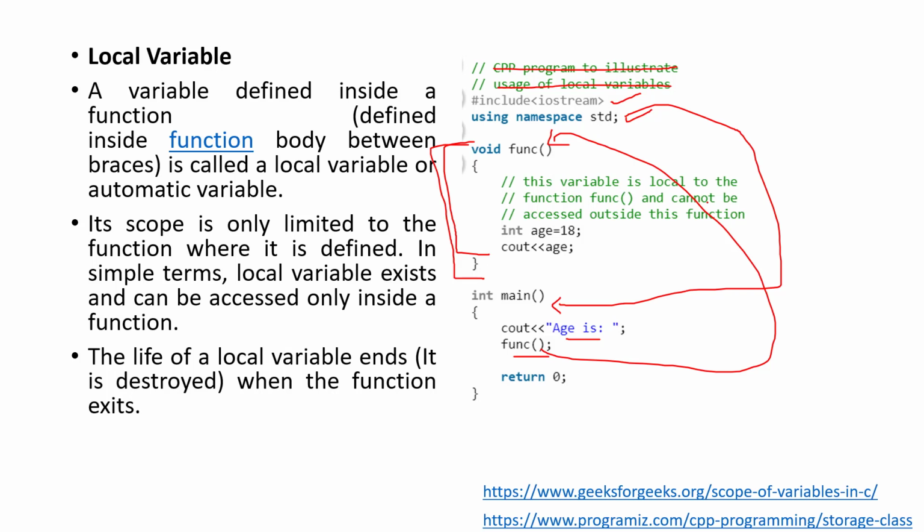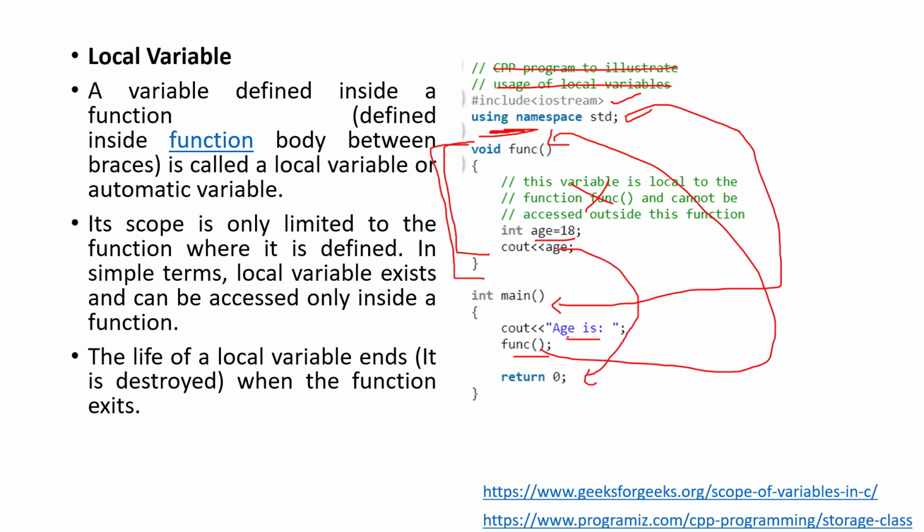This variable is local to the function. int age equal to 15. One thing to note is that we are not defining any variable outside this function like before. So this age is defined only inside this user-defined function. Then age is set to 18, cout age. So this value of age will come here.